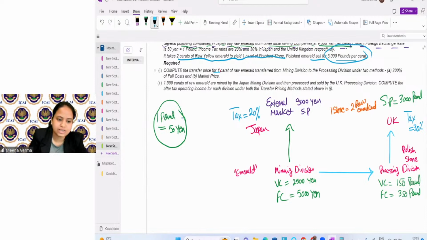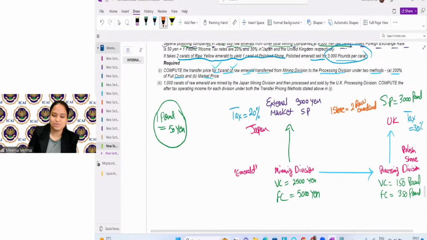Compute the transfer price of 1 carat of raw emerald transferred from mining division to processing division under two methods: A, 200% of the full cost, and the second one is market price method. They're asking you to compute the transfer price of 1 carat of raw material. This is quite complicated to solve.